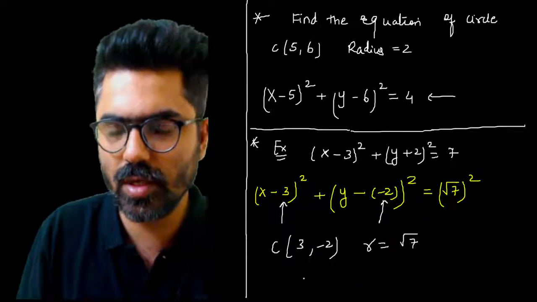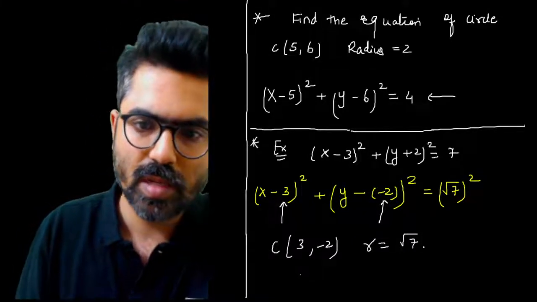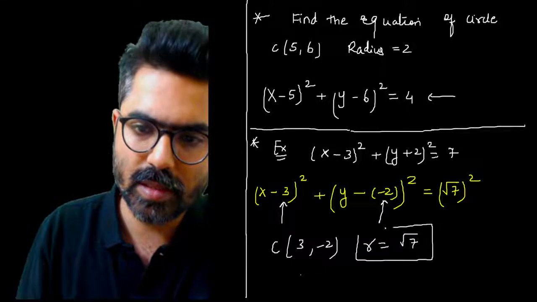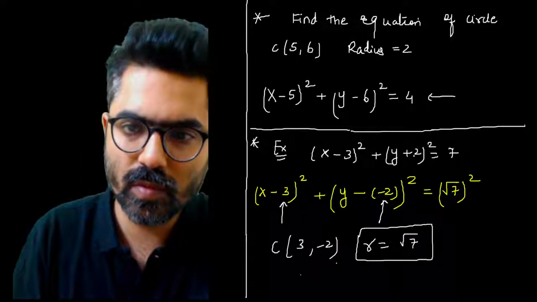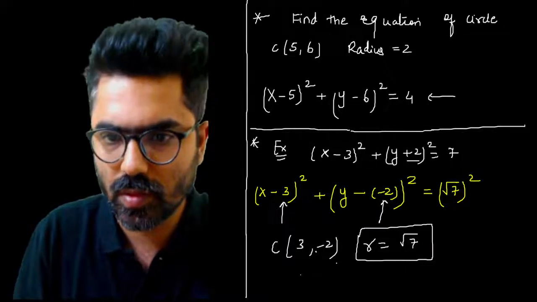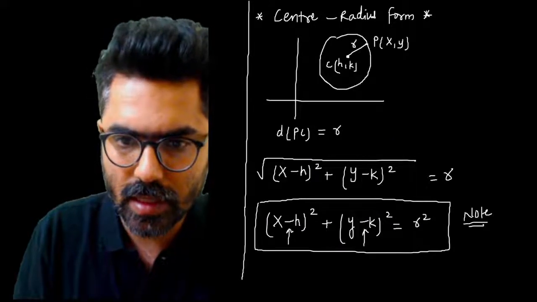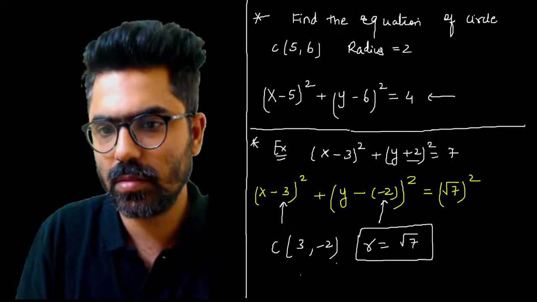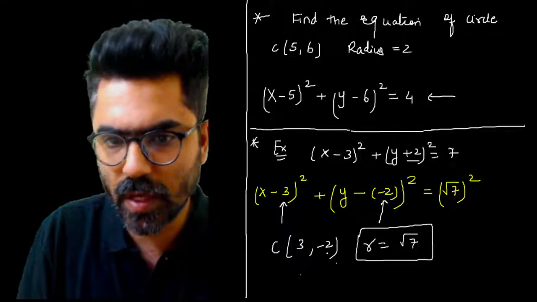So center is 3 comma minus 2, radius is root 7. Many students see this plus 2 over here and answer plus 2, but actually it is minus 2. So you have to make sure that minus sign is over here and then compare the center and radius. So y plus 2 is written as y minus minus 2 and the center y coordinate is minus 2.